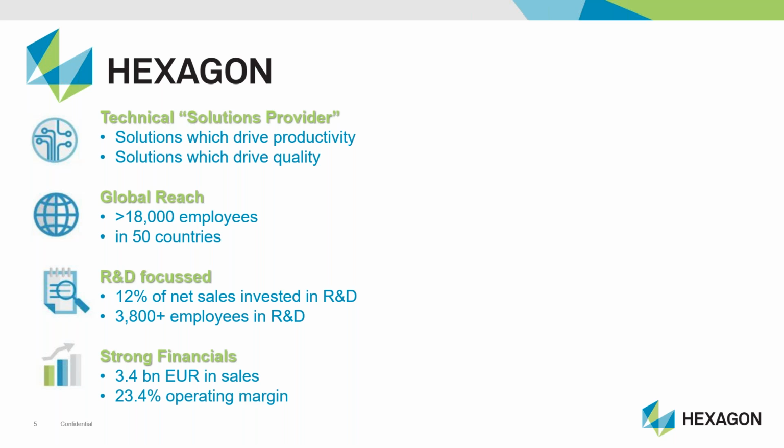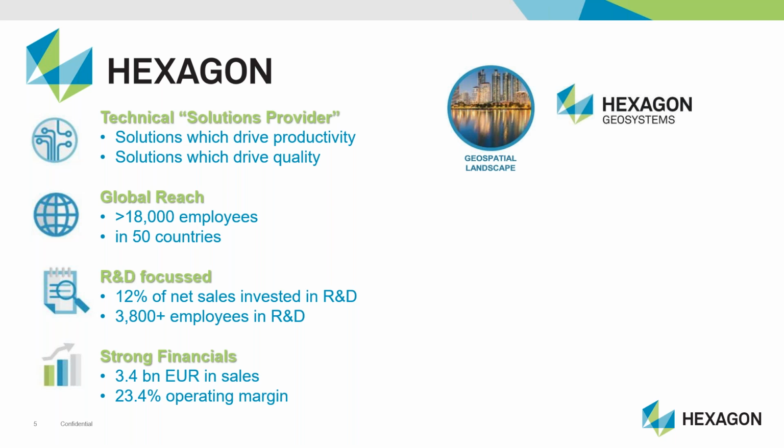We're very, very strong financially, which is why lots and lots of companies like to partner with us. We are continuing to grow and acquire companies year by year. And that strong operating margin allows us to push money back into the R&D efforts and increase the quality and innovation in our product basket.